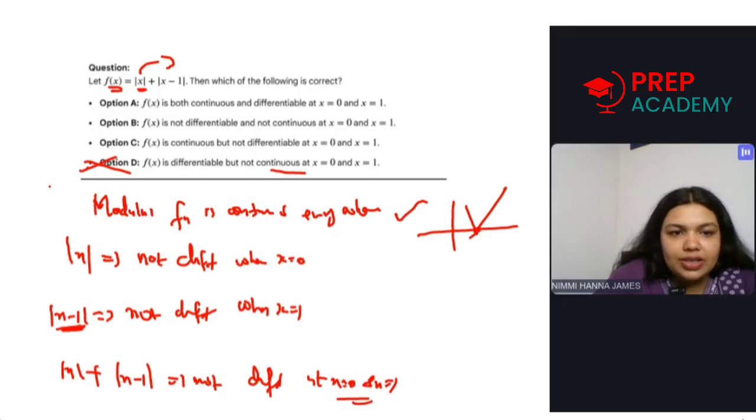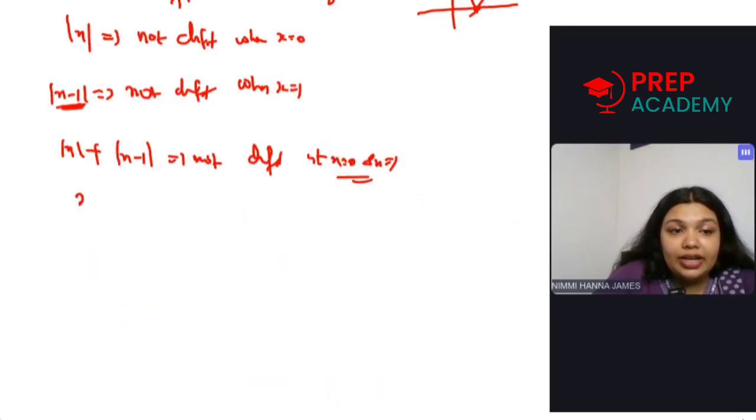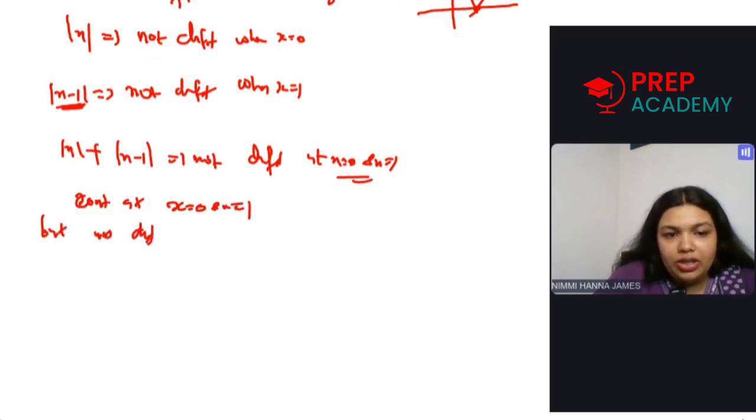So which is the correct answer? It is continuous at x equal to 0 and x equal to 1, but not differentiable at these points.